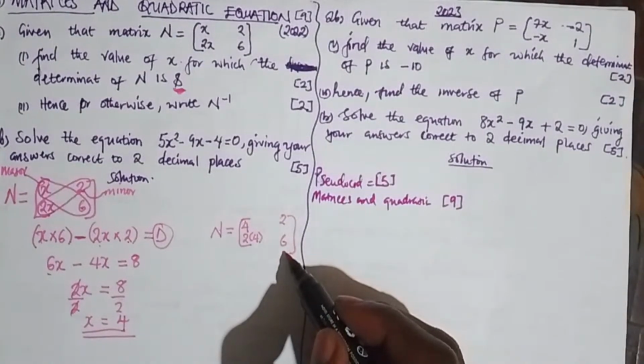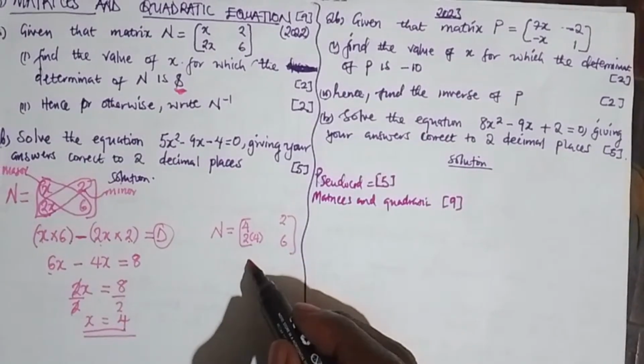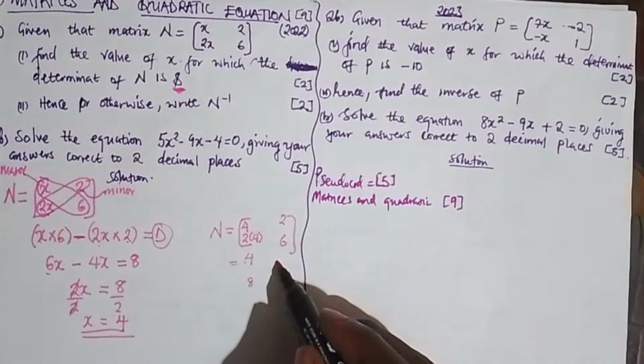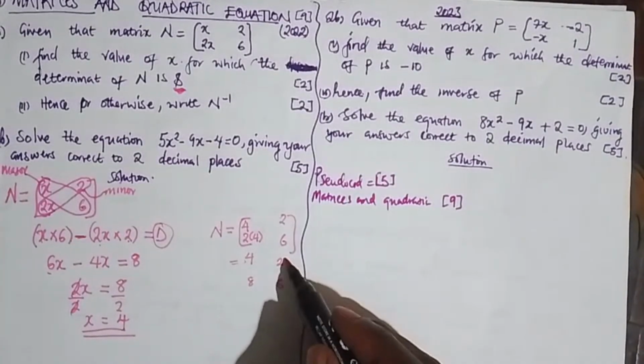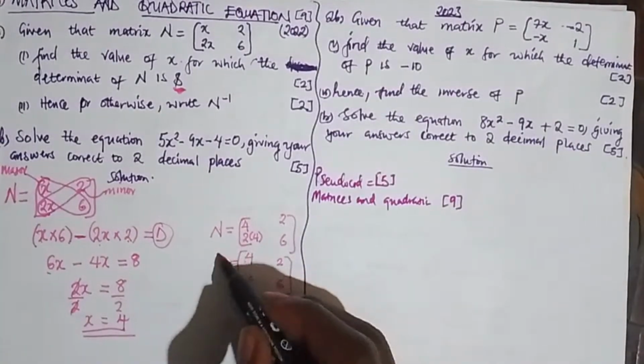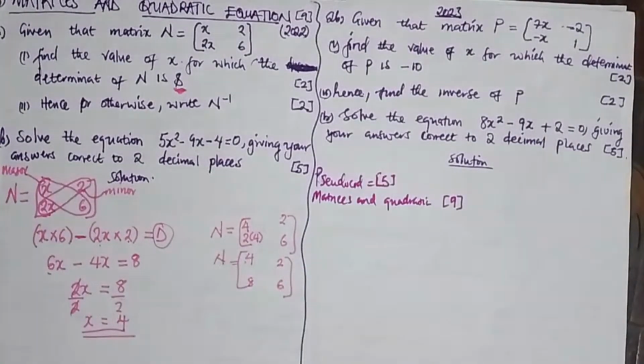So if you multiply, you get your answer to be 4, 8, 2, and 6 as your matrix N.